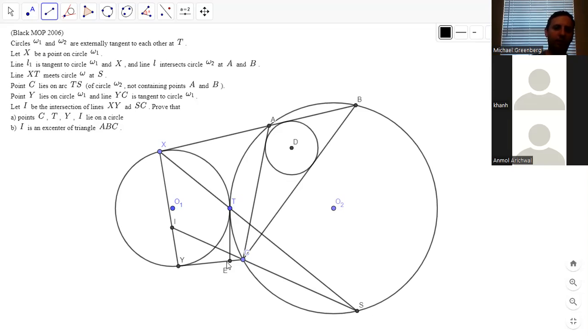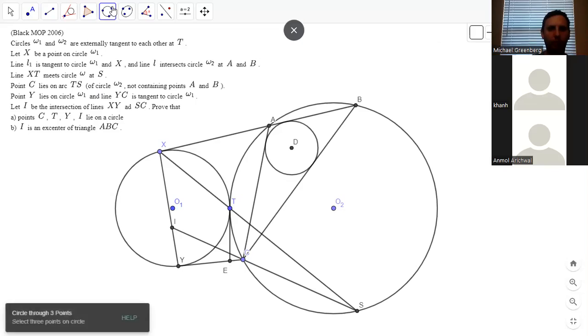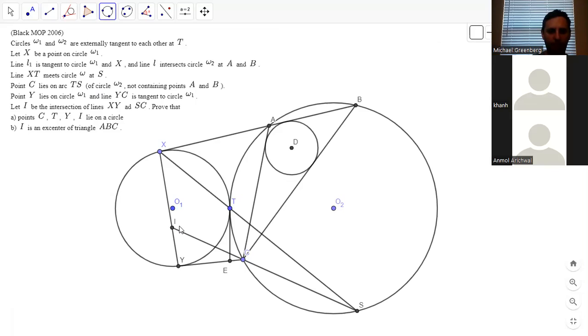Okay. So that angle chase would prove that this is cyclic. It's a good idea using that third angle theorem. Because XSI is half of this arc and YXS is half of this arc. Yeah, it's the same arcs.